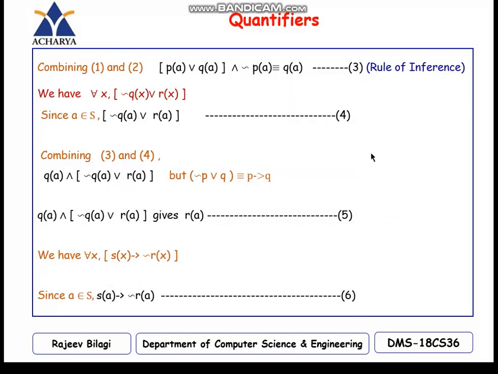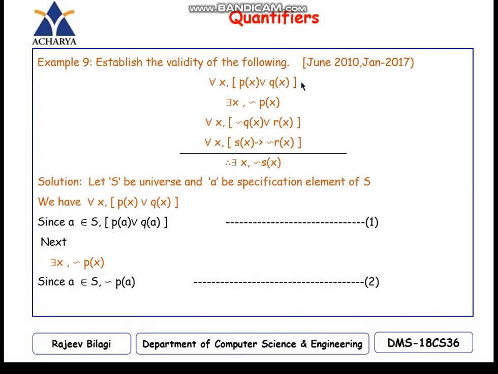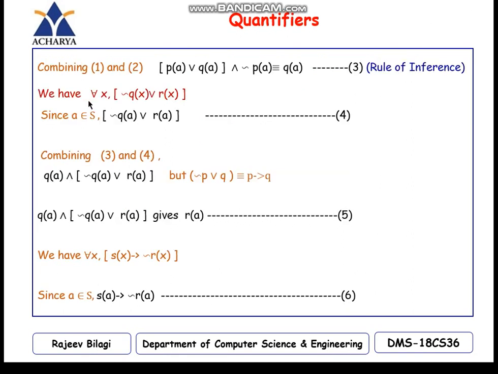Now I'll combine 1 and 2. That is P of A or Q of A, and negation of P of A, gives Q of A, because you apply a rule of inference. Now the resultant of these two is Q of A. Now I will go ahead with the next two statements.